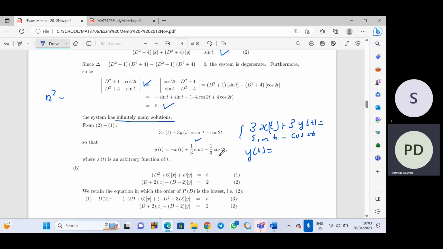Let's say you have sine t, you take this to the other side, you will see that you are left with 3y of t equals negative 3x of t plus sine t minus cos 2t. Do you get this function?